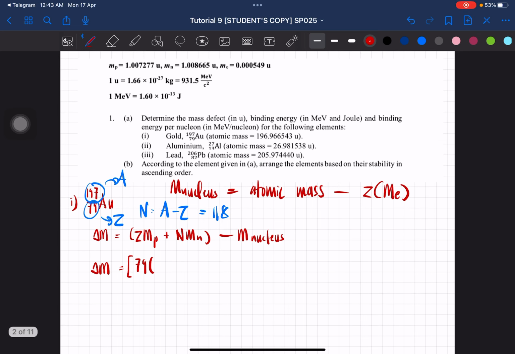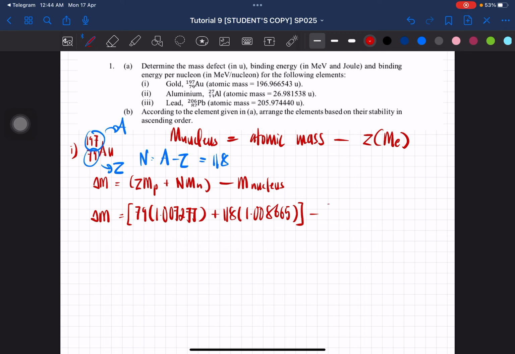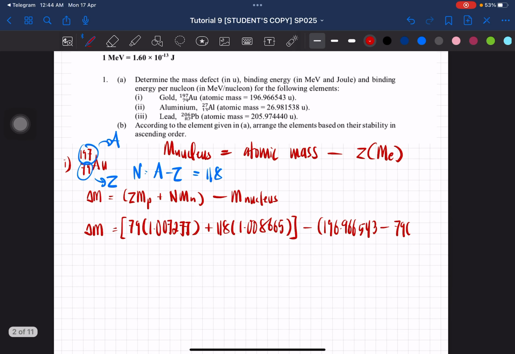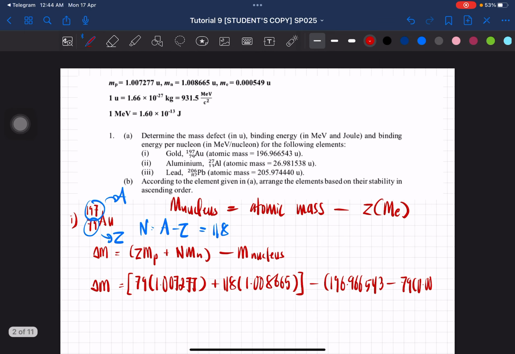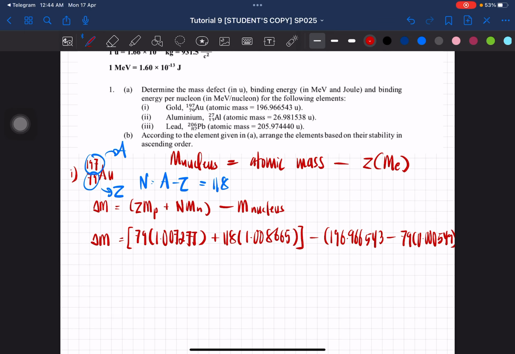Mass of proton is given as 1.007277, plus the neutron number, which is 118, times the mass of neutron, which is 1.008665, and then minus the mass of nucleus, so that is basically the atomic mass of aurum, 196.966543, minus 79 times the mass of electron, 0.000549.